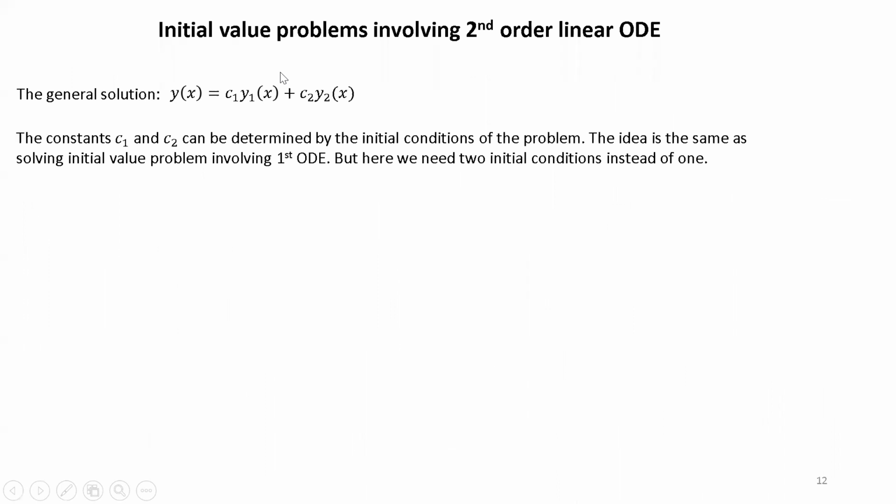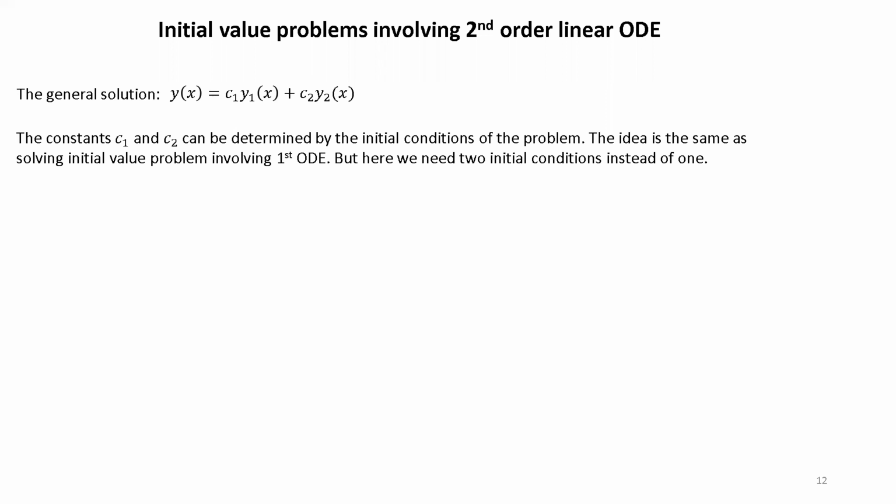That means that after I find the general solution with the constants C1 and C2, I also want to figure out the values of C1 and C2. I think I mentioned this idea last time; it is the same idea as what we had in the first order ODE.